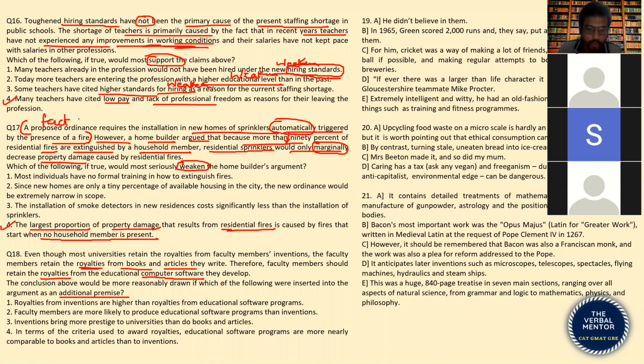This is a comparison based question. For this comparison to be true, these two items should be similar. Book should be similar to computer software. Only then author's argument holds water. Therefore, option 4 is the correct answer. In terms of criteria used to award royalties, both of them are similar. Only then it holds water.